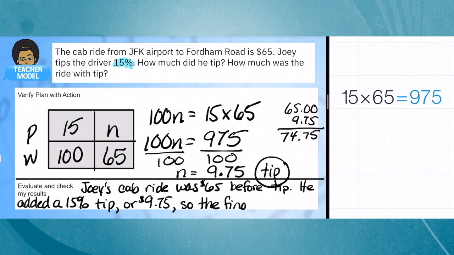So the final total is $74.75. Okay, let me reread that to make sure it makes sense. Joey's cab ride was $65 before tip. He added a 15% tip or $9.75. So the final total is $74.75. So the only change I'm going to make is just in language: this final total was, just because I use past tense throughout everything. All right, hit pause and jot this down into your notes.